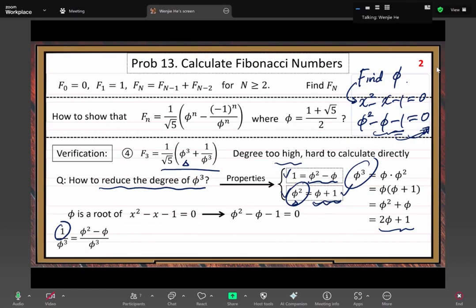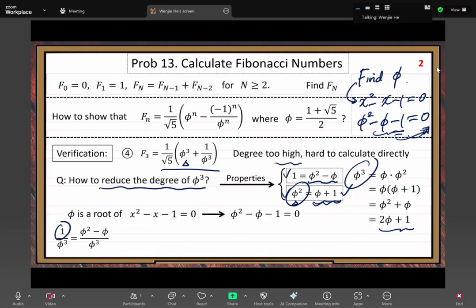Our goal, we want to make the denominator as simple as possible, but we allow making the numerator a little more complicated. Because you need to sacrifice a little bit, right? Trade-off. You make the denominator simpler, but as a trade-off, you need to make the numerator a little harder.